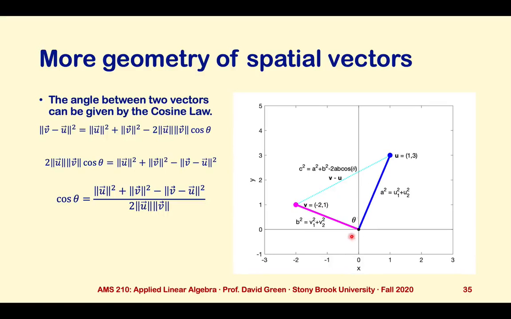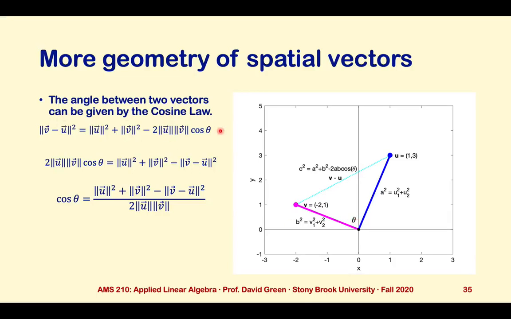If this side is a, and this is b, and this is c, the law of cosines is that c squared equals a squared plus b squared minus 2ab times the cosine of the angle between them, represented here by theta.